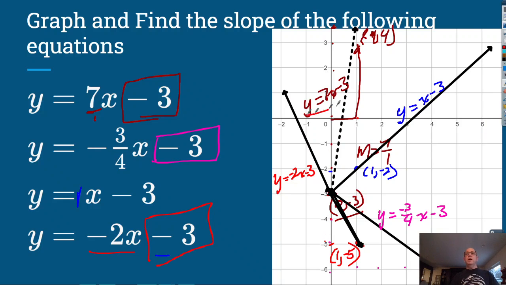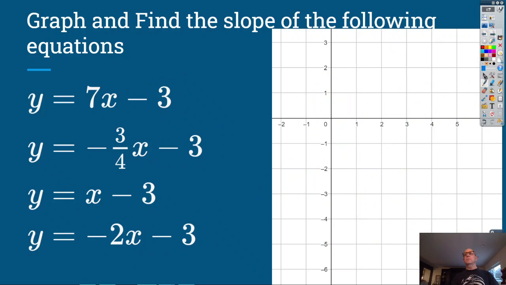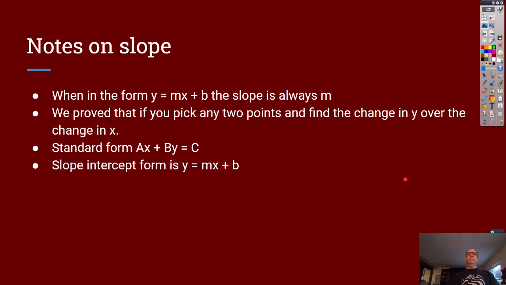So each of these lines has a different name. They have a different slope, but they all have the same intercept. So even though they go through the same point, 0, -3, if they have different slopes, they are different lines. All right, moving on.